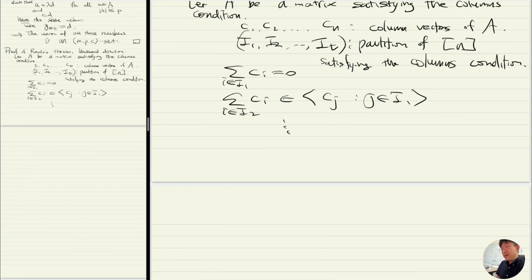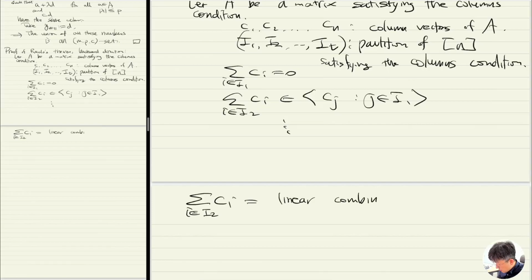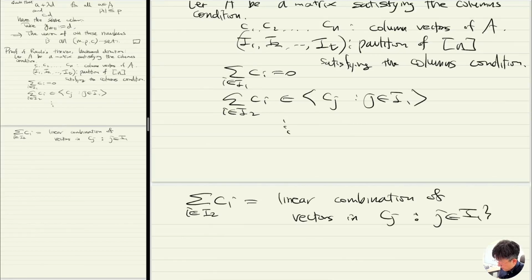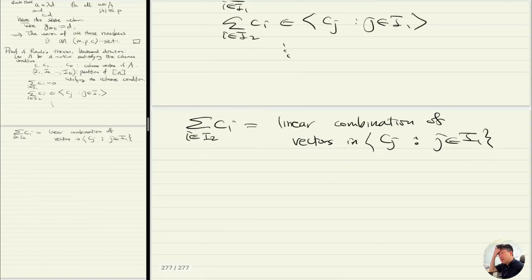Now, what do we see here? So, for instance, the sum of ci in I2 is a linear combination of vectors cj, where j is in I1, right?